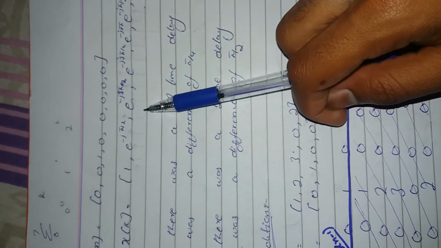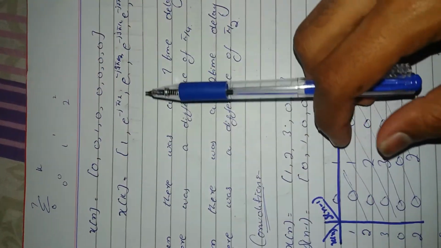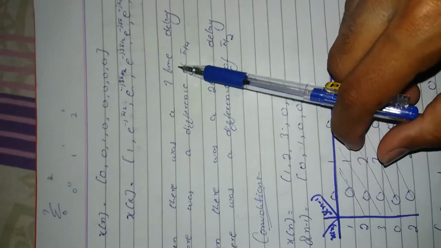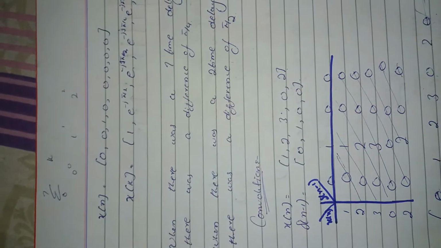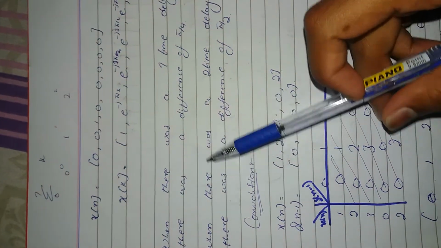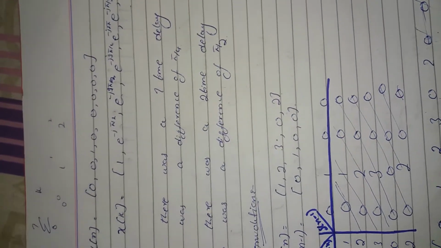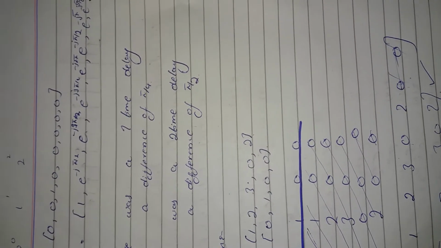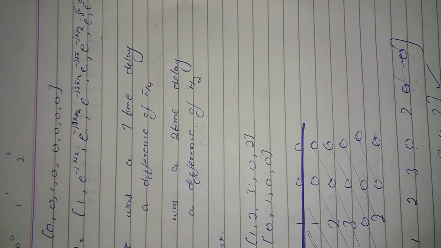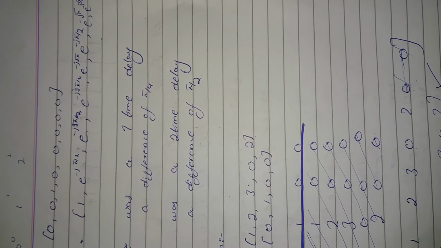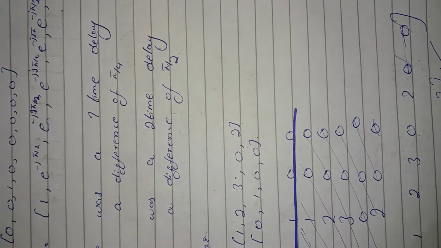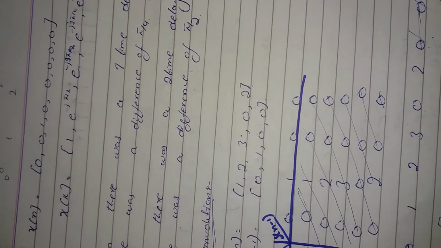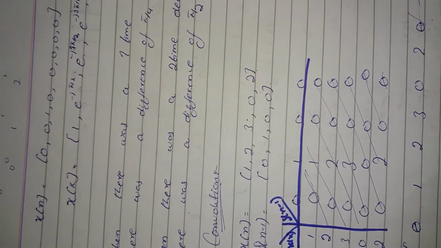So what is happening over here is that when there was a one time delay, there was a difference of pi by 4, and when there was a 2 time delay, there was a difference of pi by 2, and it will keep on going like this. So it was necessary to tell you what will be the effect of delaying your signal on its Fourier transform. So here is that effect.